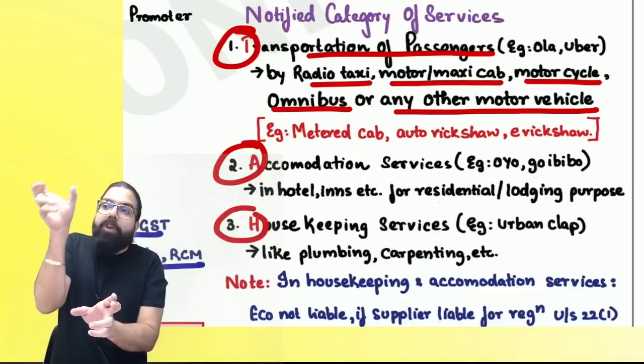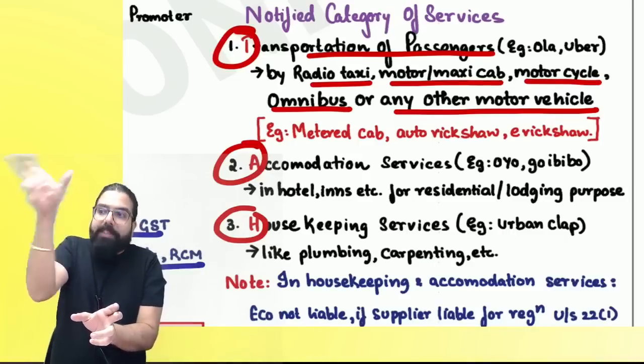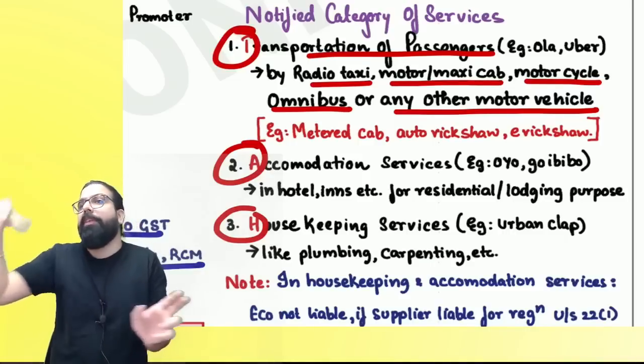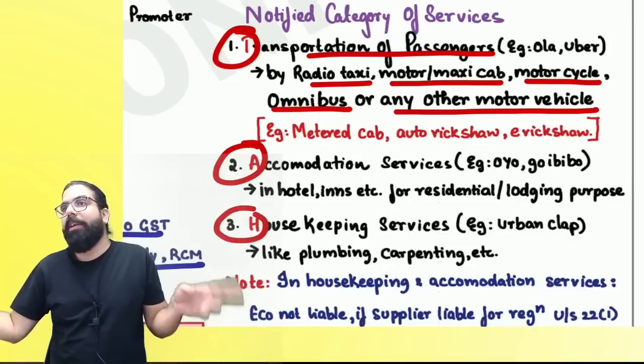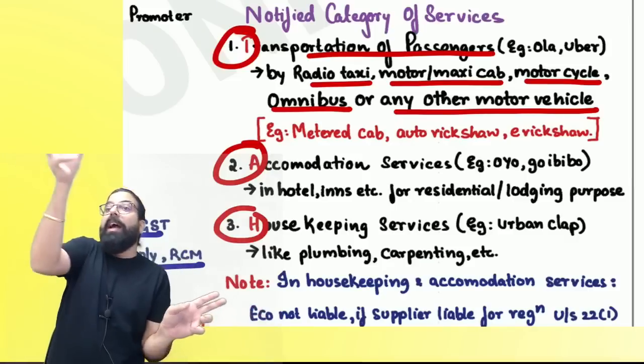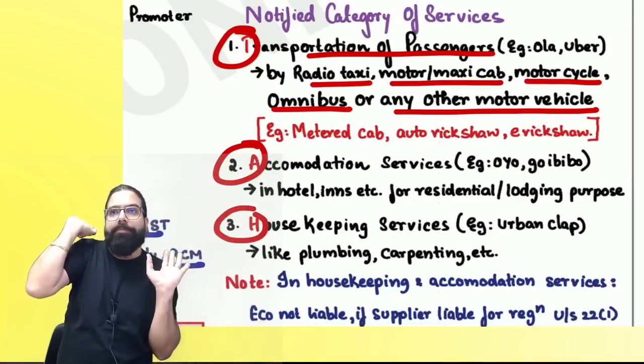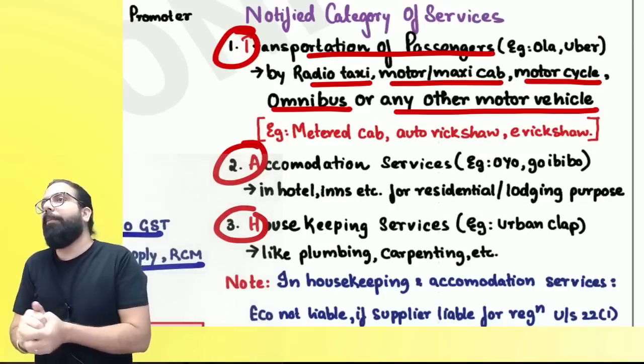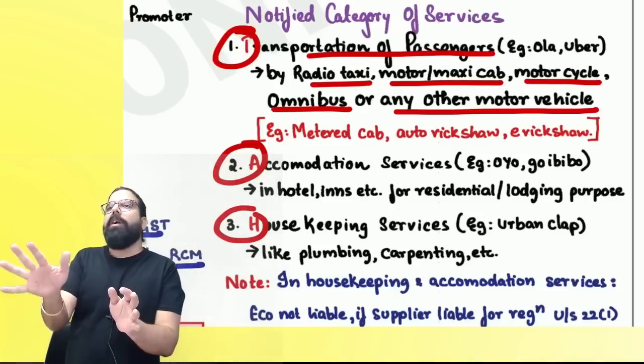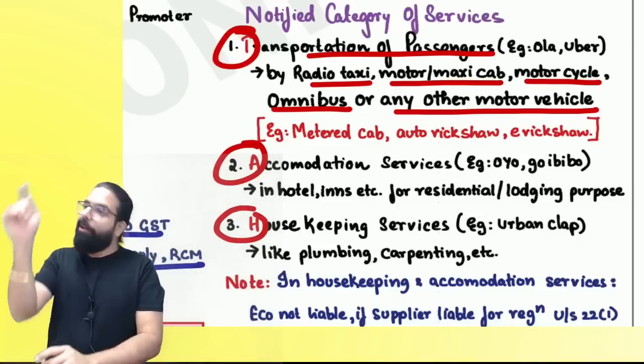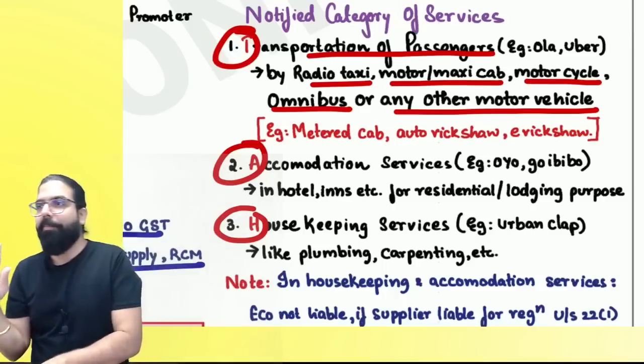If there is an e-commerce operator in between, with a supplier running a bus and a recipient receiving the service, then always remember the e-commerce operator will be liable to pay the GST. It is not RCM. That's it.